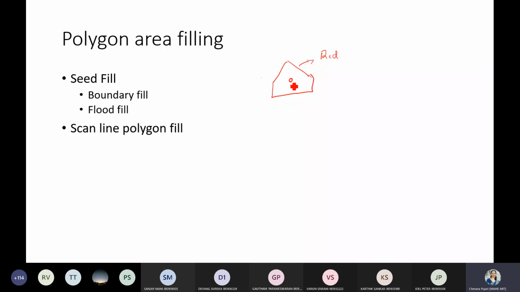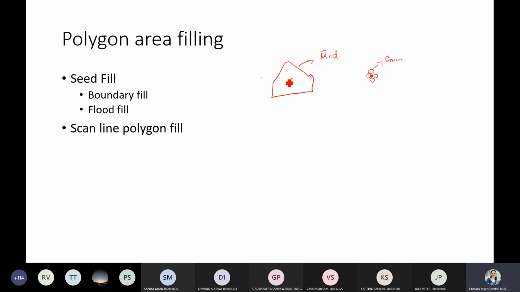So once you're sure that the pixel is inside the polygon, then we are going to make use of something called the 4 connected or 8 connected method. In the 4 connected method, this is my pixel, you are going to select a pixel above, a pixel below, left and right. So you are going to color these pixels with, let's say, green.